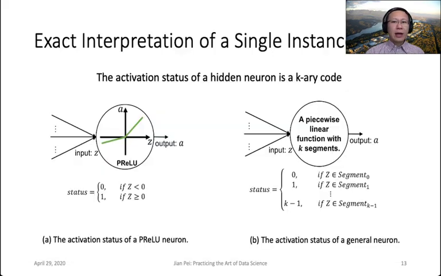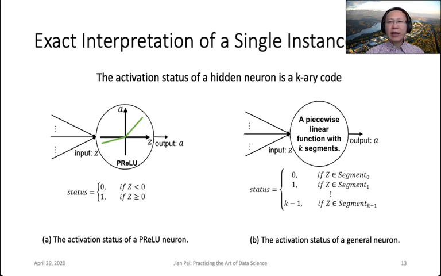Let's look at how we can build an exact interpretation of a single instance. First of all, we define the activation status of a single neuron. As shown in the left figure, the activation status is a binary code. Each value of a status uniquely corresponds to one segment of the piecewise linear activation function.